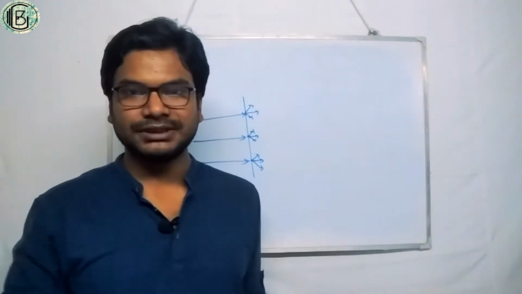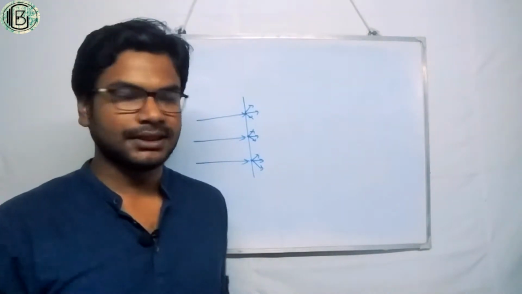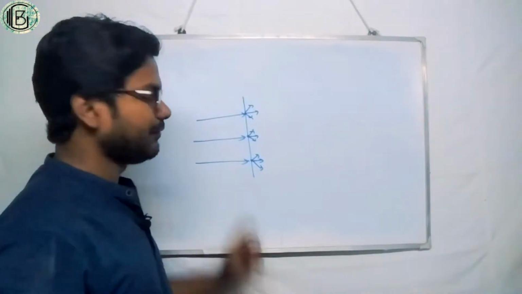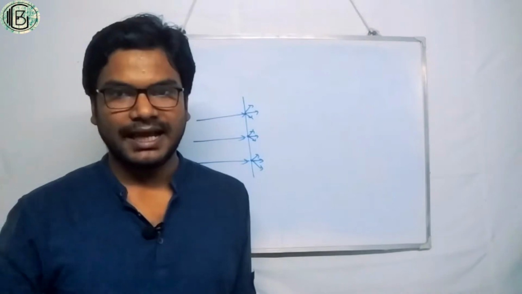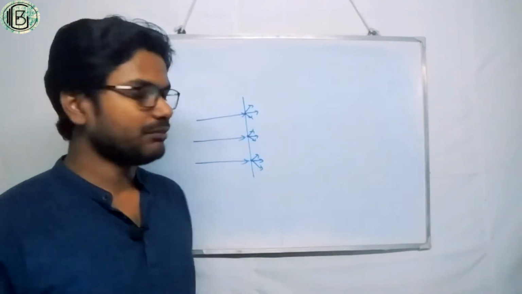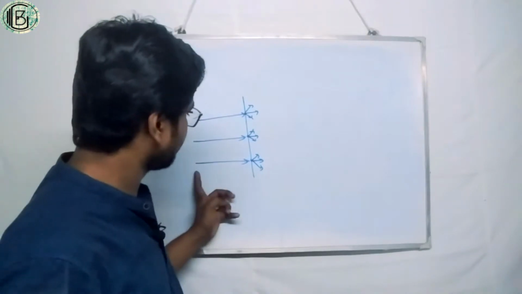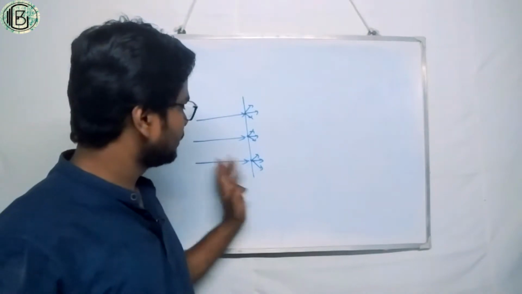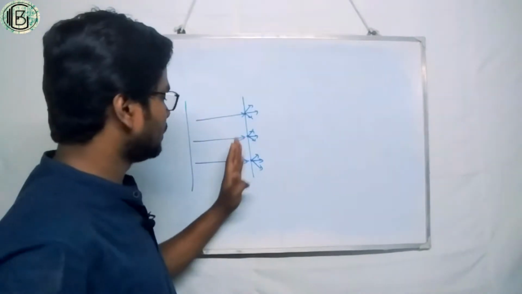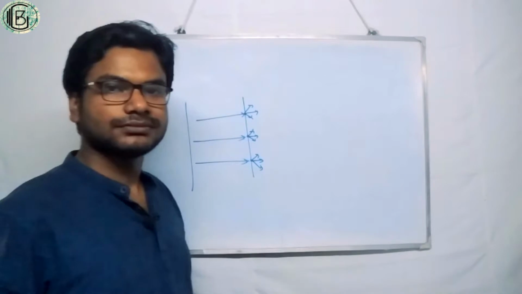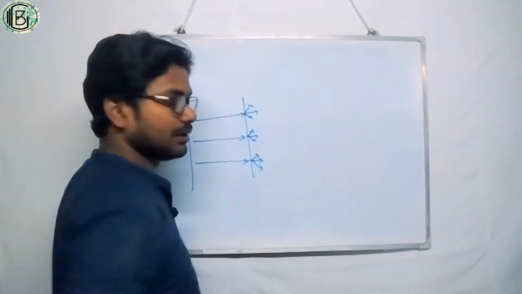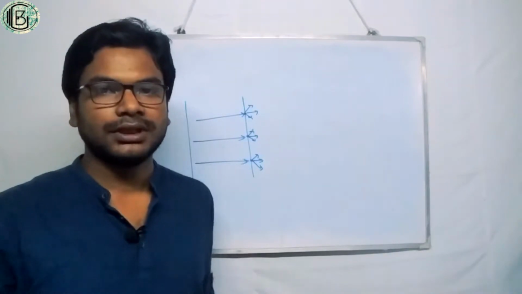Now Huygens principle says that every point in this wavefront can be considered as a secondary source of light. Now what do we mean by secondary source of light? Light is coming from some specific source, and this is the wavefront we have considered. Now we can consider any point on this wavefront.